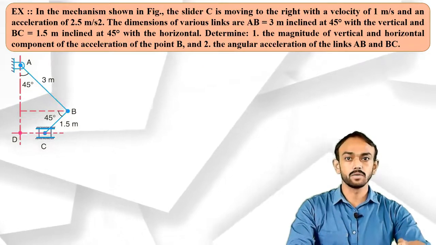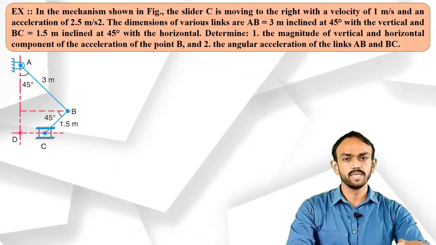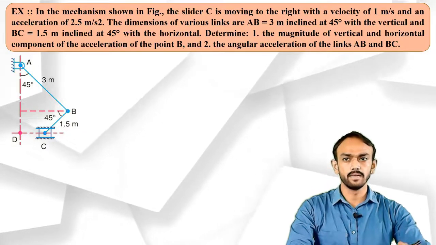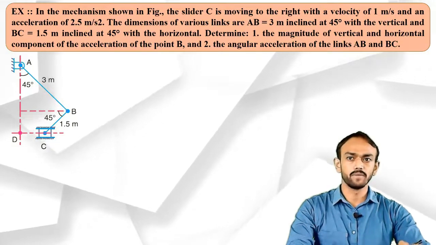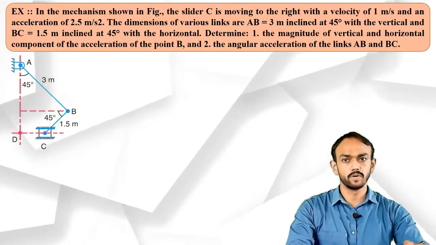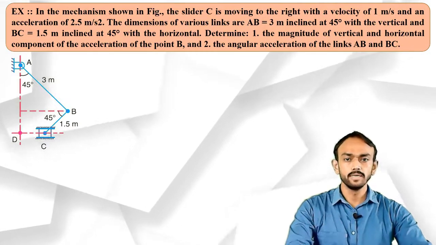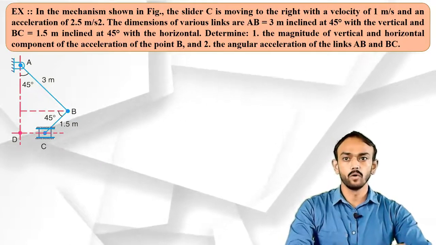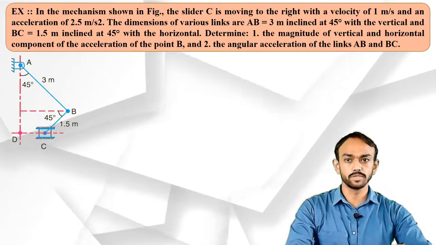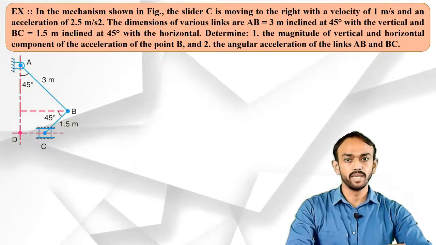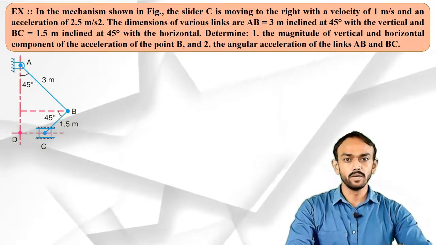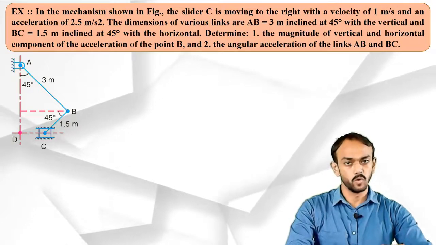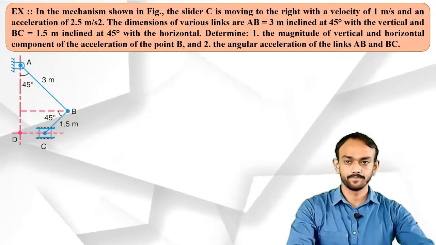The dimensions of the various links are AB equal to 3 meter, inclined at 45 degrees with the vertical, and BC equal to 1.5 meter, inclined at 45 degrees with the horizontal. Determine the magnitude of the vertical and horizontal components of acceleration of point B and the angular acceleration of links AB and BC. Okay, let's start.